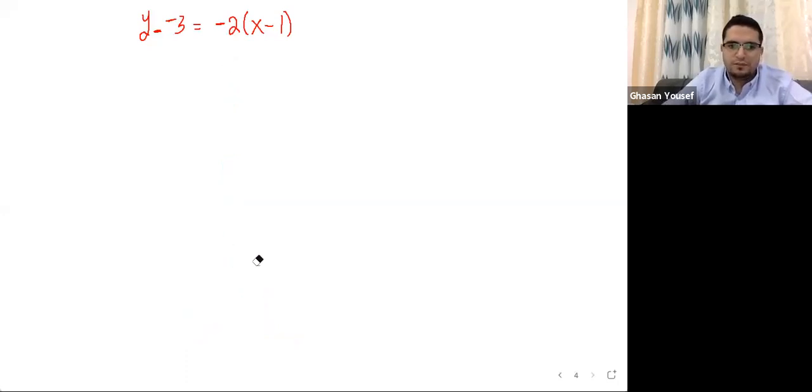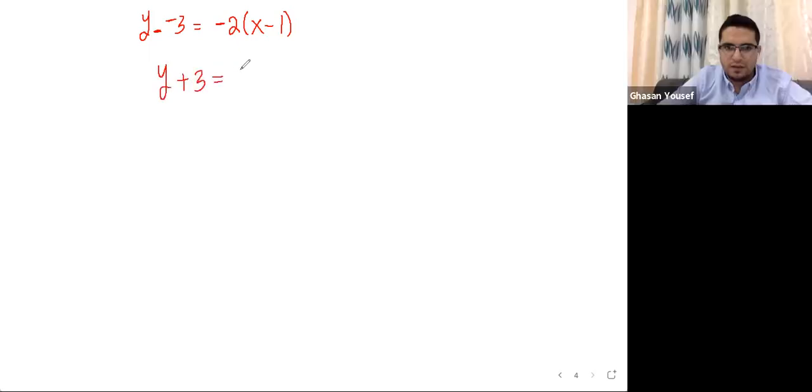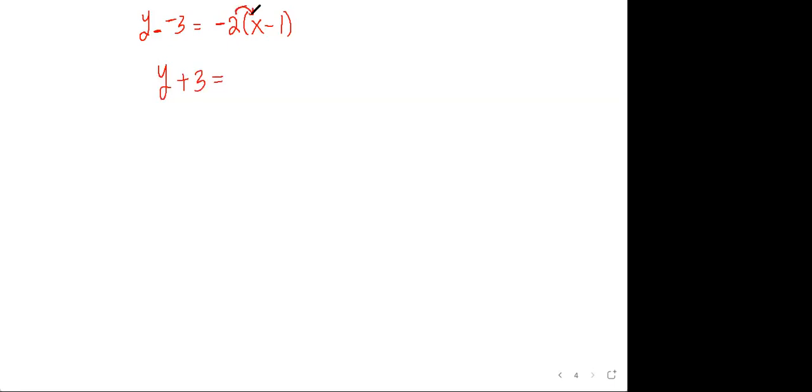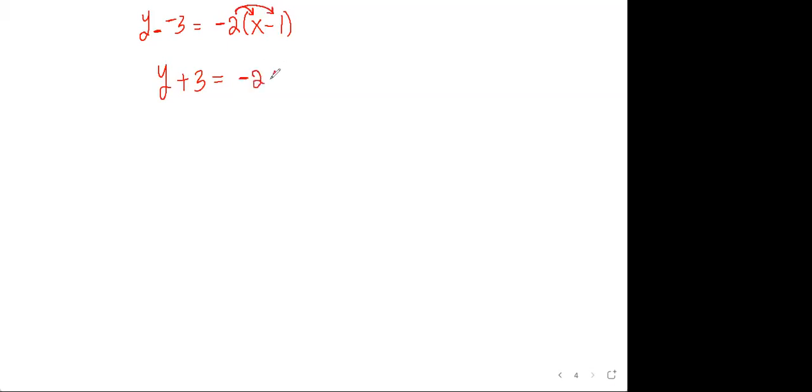Who will do it? Yes, Anta. Okay, so minus minus is plus, so y plus 3 equals. If you multiply the two, it's going to be -2x plus 2. Exactly, distribute the minus 2 inside the parentheses to get negative 2x plus 2.